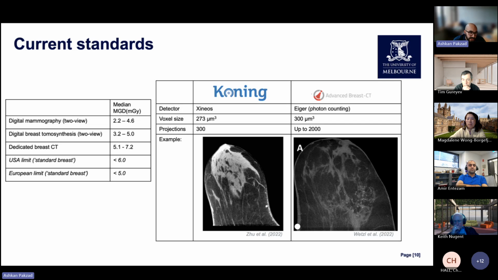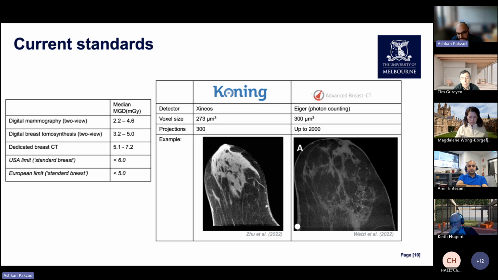However, I just wanted to point out a few characteristics that I think would be of interest for our teams. For example, both of them are in cone beam geometry, and they take 10 seconds to complete a scan. Koning uses a Varex-like detector, which is the detector used in the images that we acquire here, and the ABCT scanner, known as MuView, has a photon counting detector with characteristics very similar to the Eiger detector, which we intend to take images with soon.